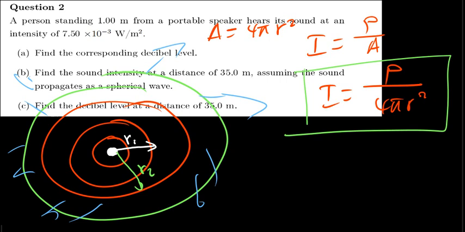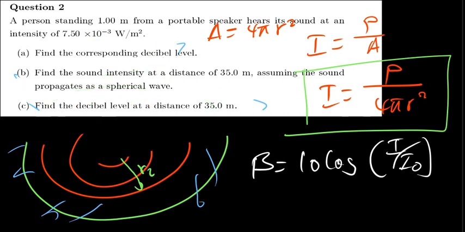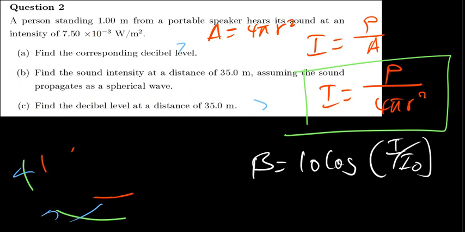But again, there is a formula we have to be familiar with, the one for the corresponding decibels. The decibel level is given by 10 log of the intensity divided by the initial intensity, I0. This I0 is the hearing threshold, and it is constant.